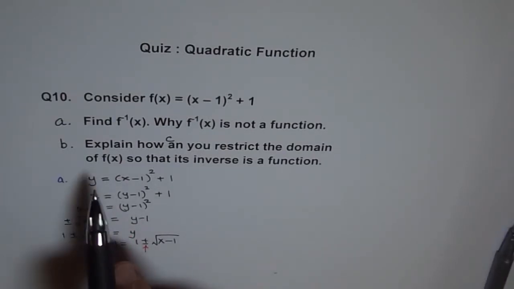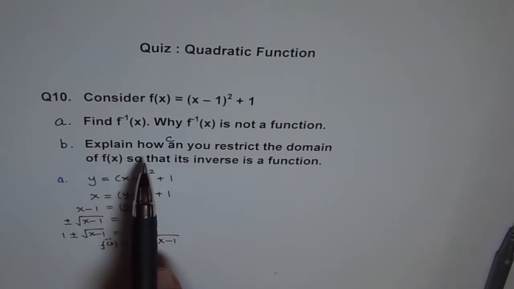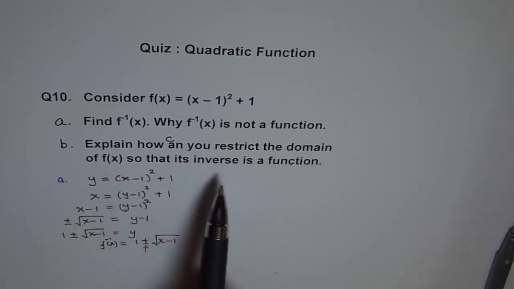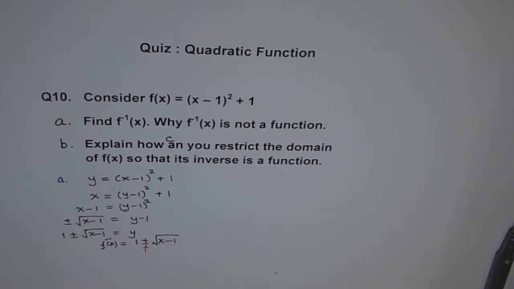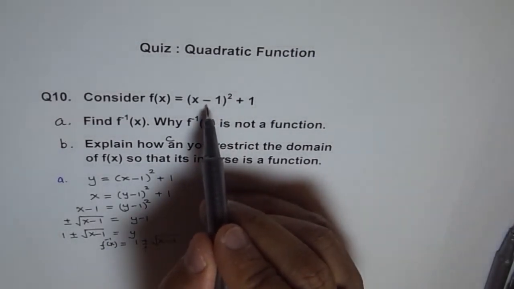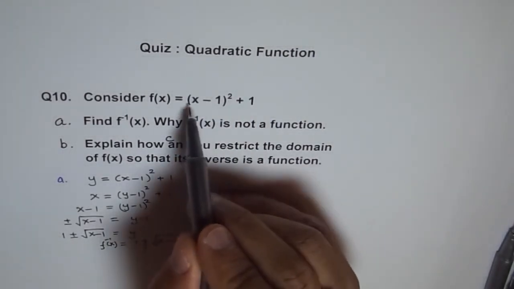Now the second part of the question asks, how can you restrict the domain of f of x so that its inverse is a function, correct? So for that, let's try to understand how this function will look. (x minus 1) whole squared plus 1, correct? So the vertex will be at (1, 1), and it opens upwards.